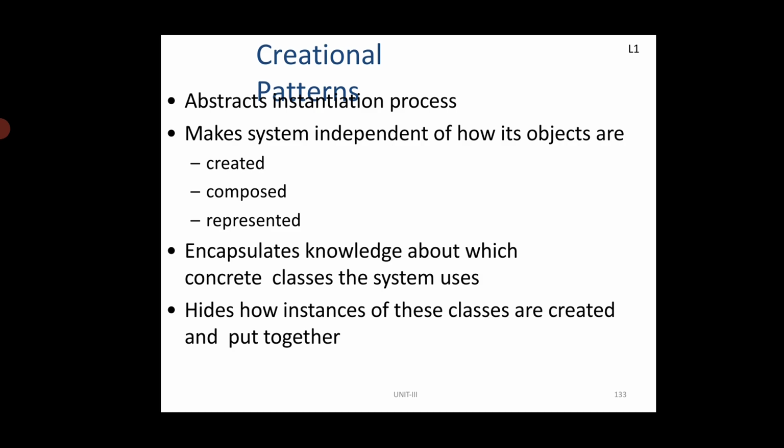The configuration can be static, that is, specified at compile time.